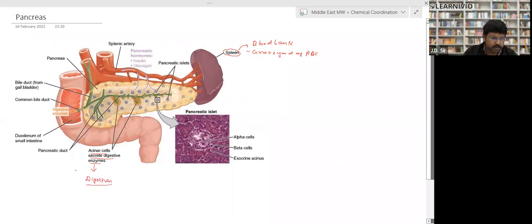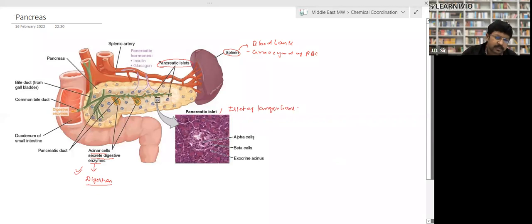We are not going to study this function again. Now there are some cells called pancreatic islets, also called islets of Langerhans.